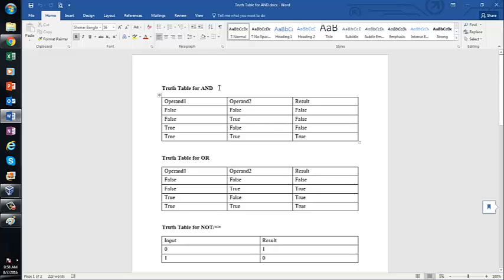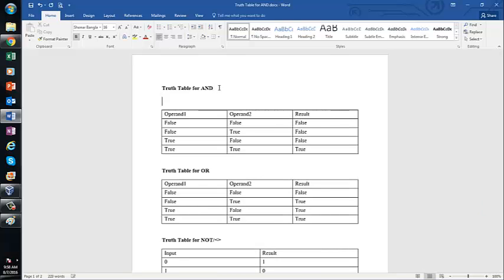We know that when you are using and, you have expression 1, then there is an and, and then expression 2. So on both sides of and there are two expressions.